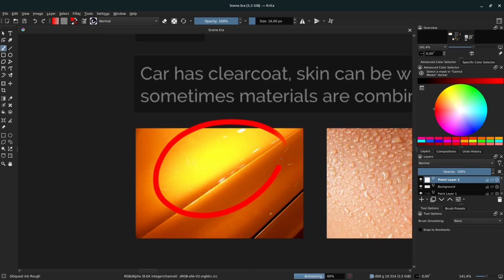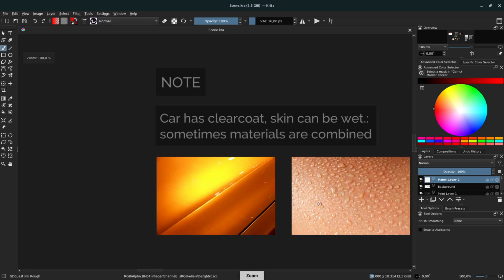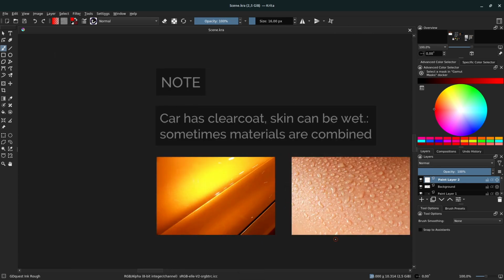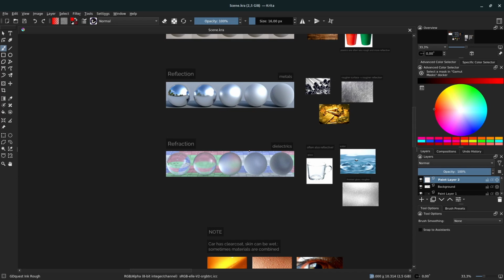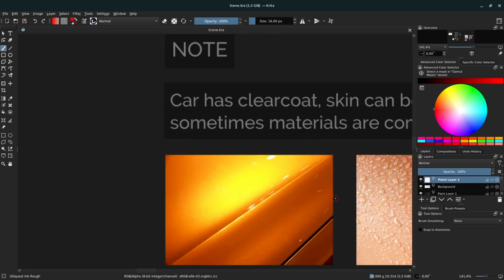So there's a rough highlight, but these highlights, they are not rough at all. This is because this car, this metal, has a clear coat. That is a second material with a different roughness. So the metal has this as its highlight. And this is the highlight of the clear coat. And the clear coat, it will be reflective and refractive. The refractive part doesn't really matter here because it's right on a surface. But the reflective part, that does. A coating is a different material added onto it.